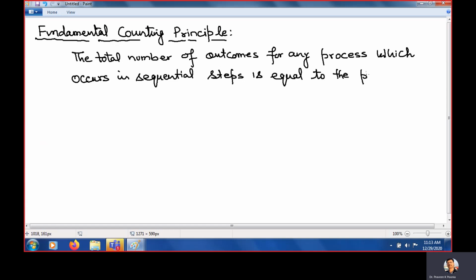the product of the number of outcomes for each step. Clear?